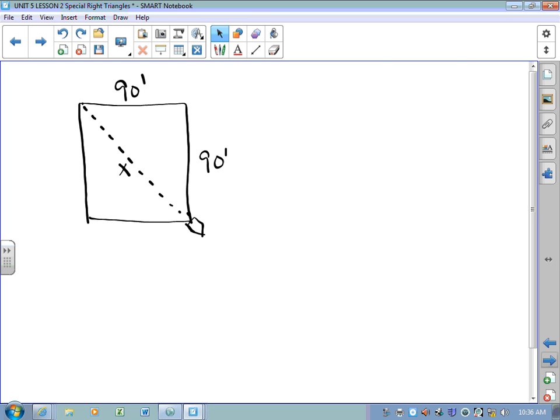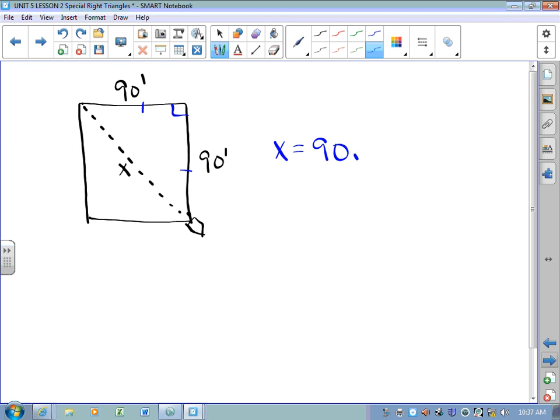What do we know? We know that this looks like a 45, 45, 90 right triangle because both of those sides are congruent. And so I know that the hypotenuse of a 45, 45, 90 right triangle is leg radical 2. I can say that right off the bat. I know exactly how far that is. I don't have to use the Pythagorean theorem.